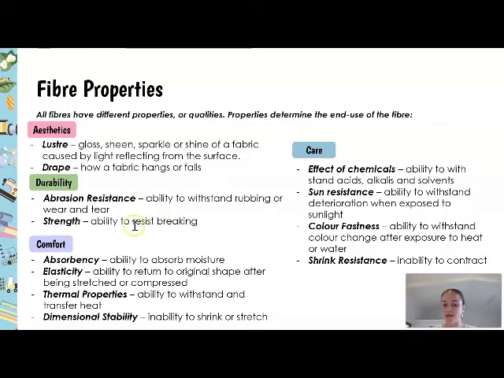I would be thinking about strength, color fastness, sun resistance, effect of chemicals. I would be thinking about how the salt water, or water, is going to impact on my seating for this boat.